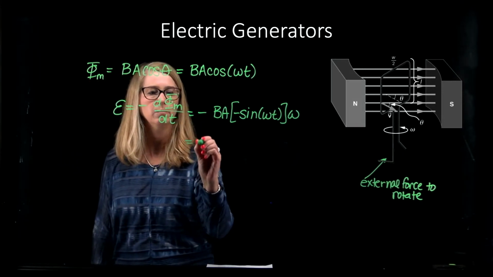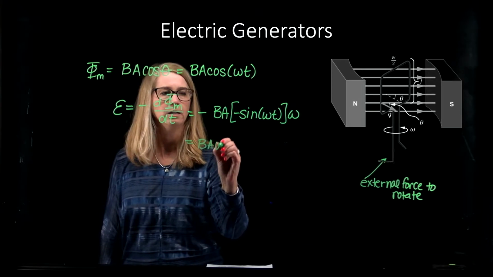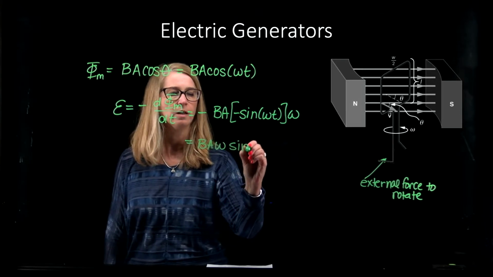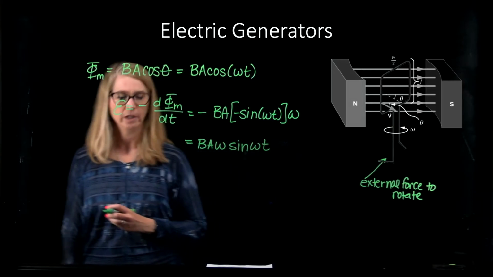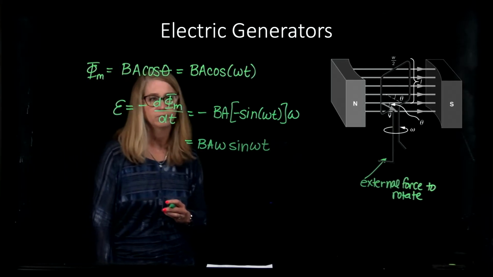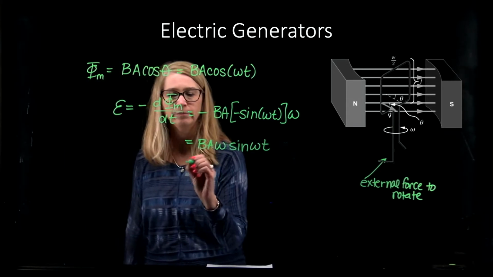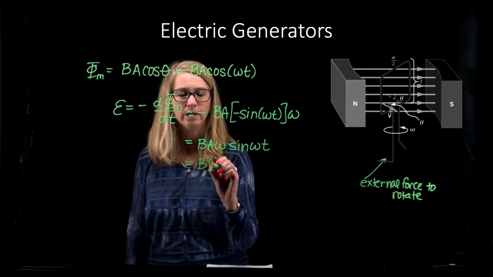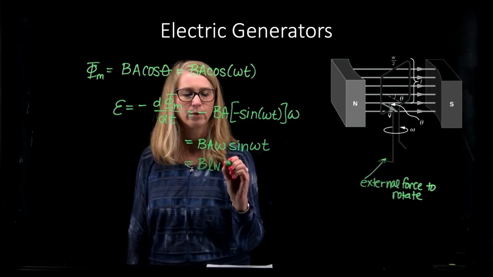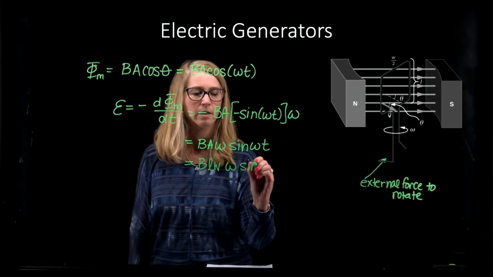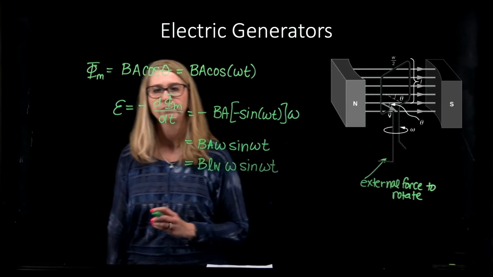And so we're going to get B A omega sine omega t. What is the area? The area is the length times the width, so we get L W omega B sine omega t.